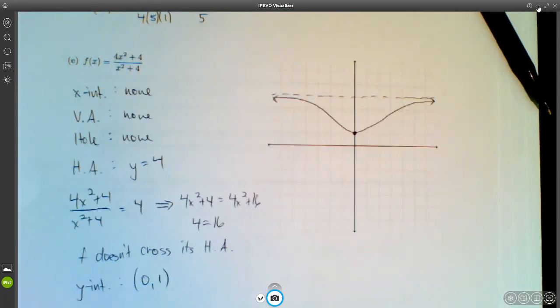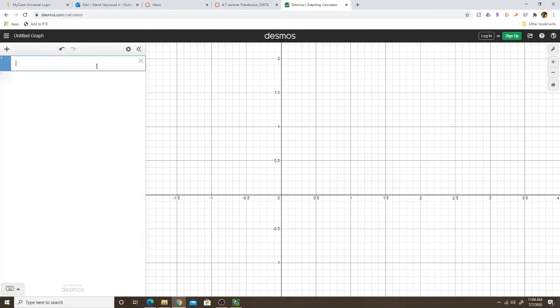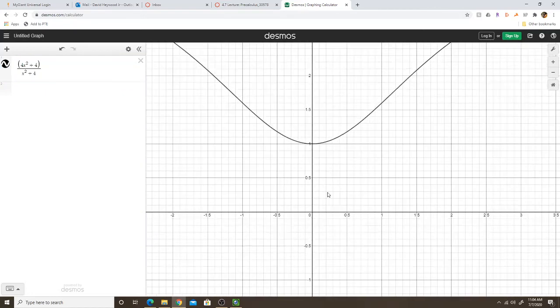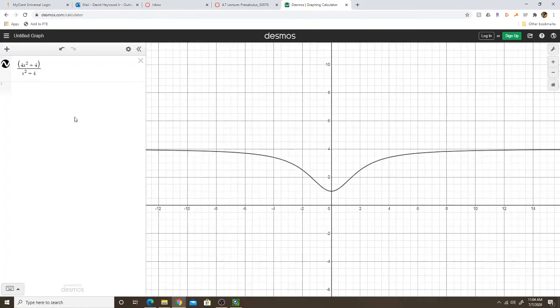Okay, let's check in Desmos. Yeah, yep, that's what it's looking like.